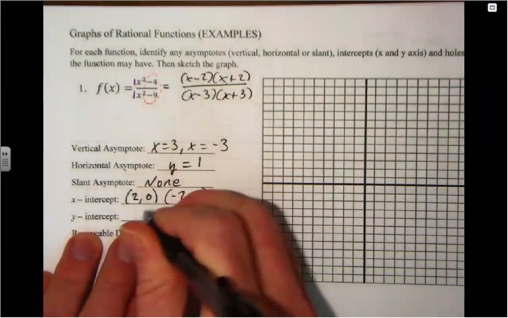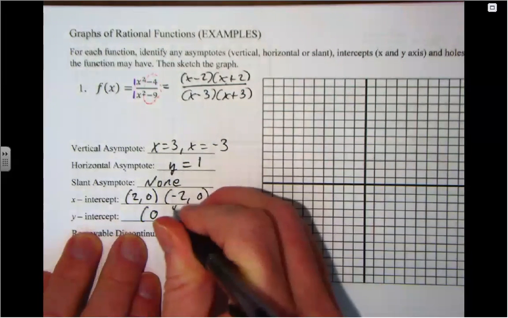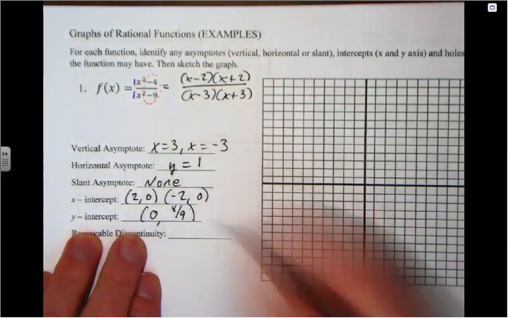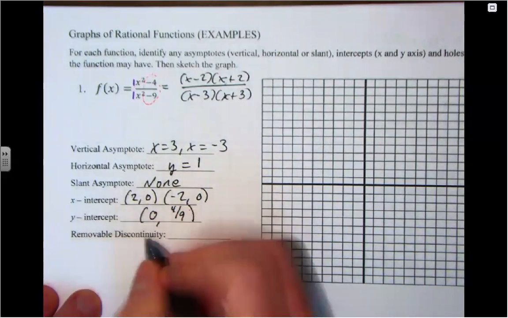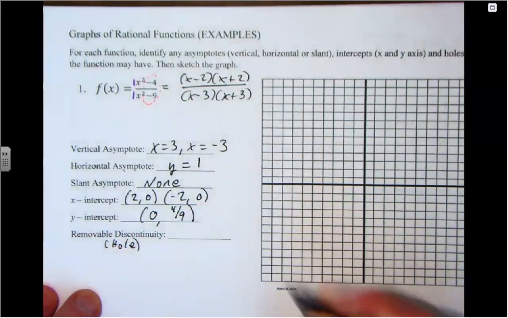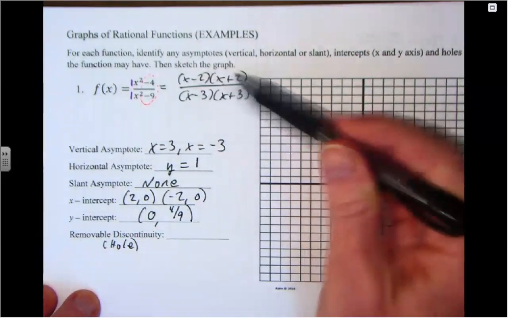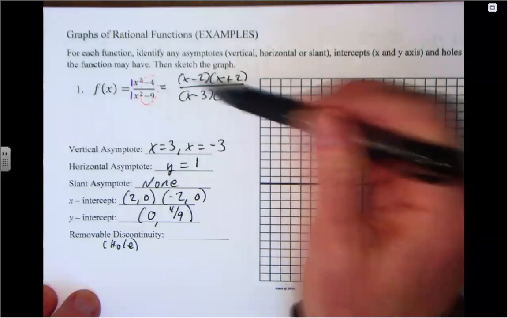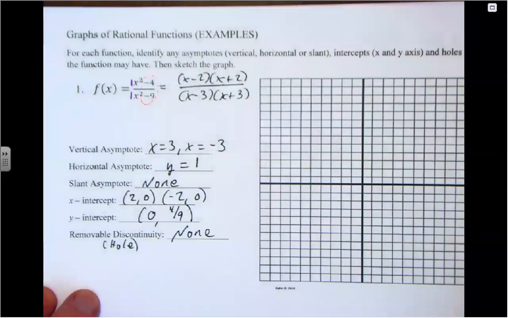And again, it's a point: (0, 4/9), since negative over negative is positive. And the removable discontinuity, remember, is just a fancy word for a hole. That only happens if something cancels out. If nothing cancels out, then there's no hole, so you write none and move on.